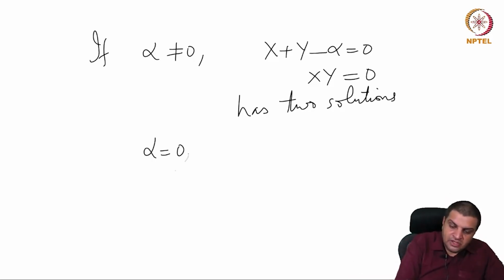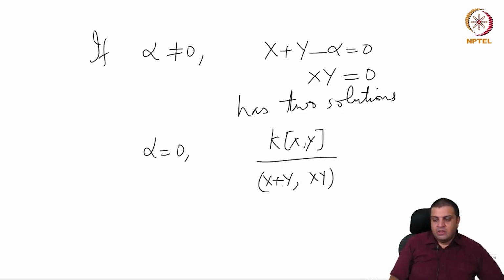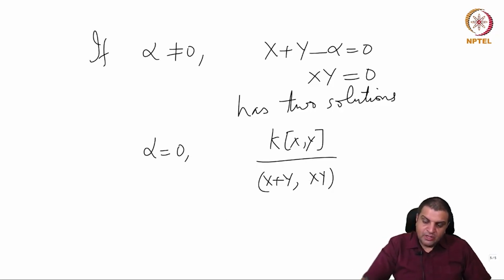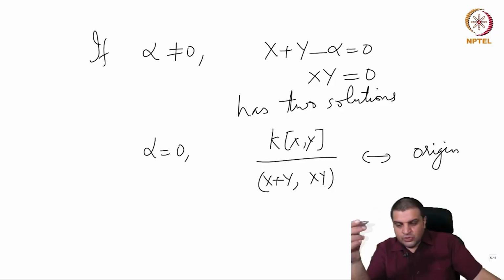And if alpha is 0, we get kxy mod x plus y comma xy, which is really, if both these functions vanish, it can only vanish at the origin, right? X and y have to vanish, so either x is 0 or y is 0, but as soon as x is 0, this forces y also to be 0. So the max spec of this corresponds to one point, which is just the origin. But as we saw earlier, it has some additional structure to it, not just one point.